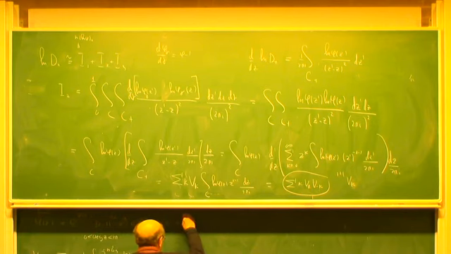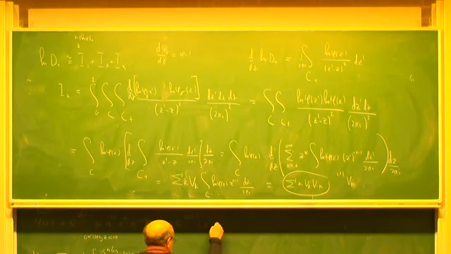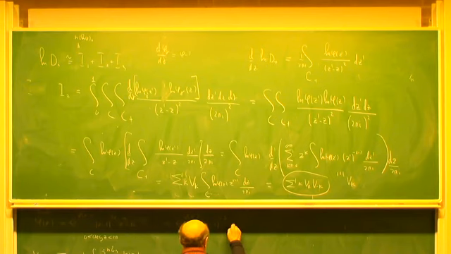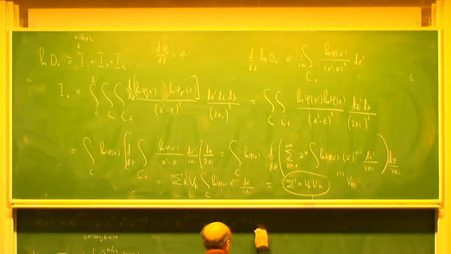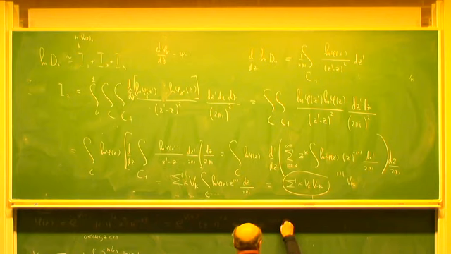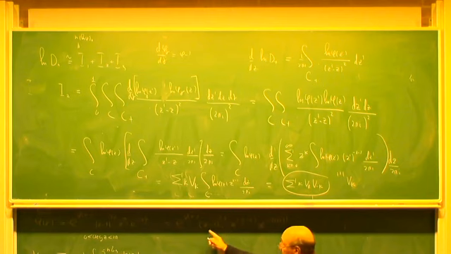If you do a simple exercise in multi-valued functions, you would see that on the unit circle, this absolute value can be replaced by this times z to the minus alpha.